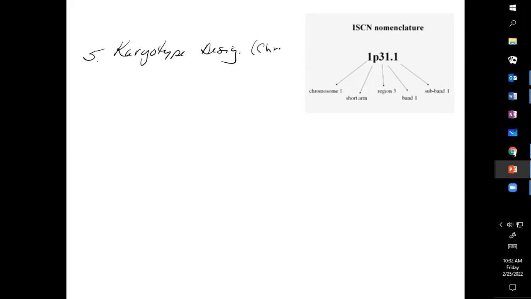In a normal human, with no chromosomal abnormalities and normal chromosome content, the karyotype would be depicted as 46,XX or XY.